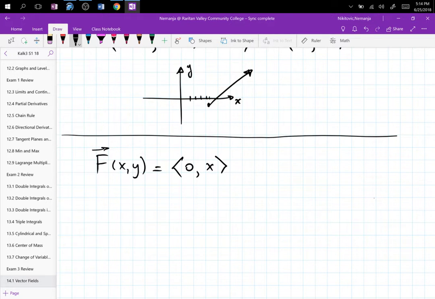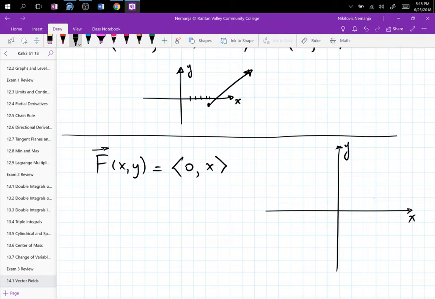So now, if you want to graph this thing on the xy plane, you will say, okay, pick 0, 0. If you pick 0, 0, well, your vector is 0, 0. It's a zero vector, so there's nothing there. Pick, let's say, 1, 0.